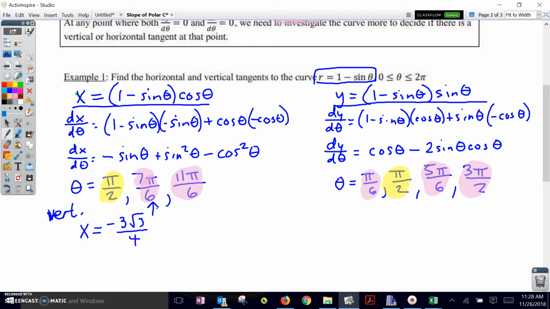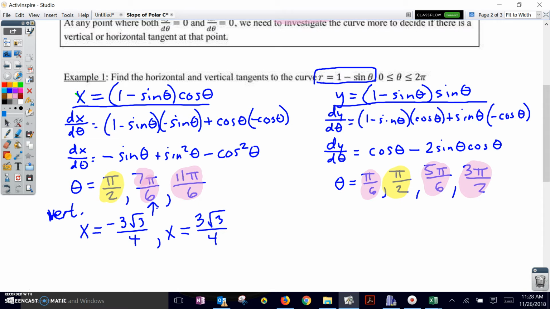And at 11 pi over 6, if I put 11 pi over 6 and go back in there, I'm going to get x equals, my goodness, that's going to be positive. It's 3 root 3 over 4. And for all of these, I'm going to put those back in there.